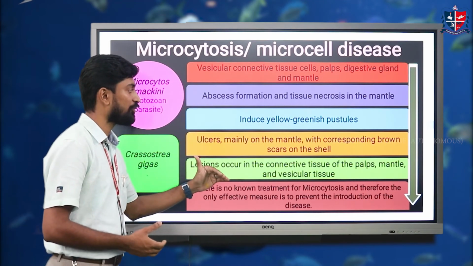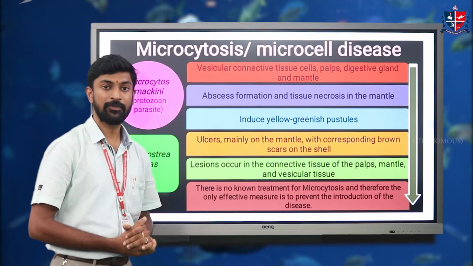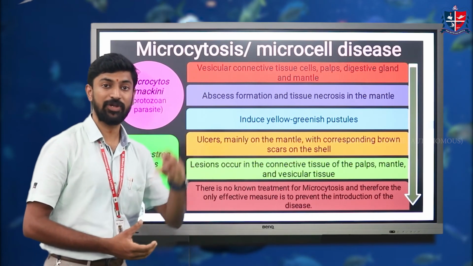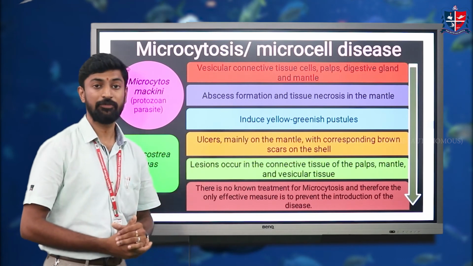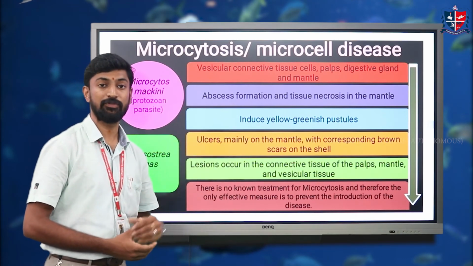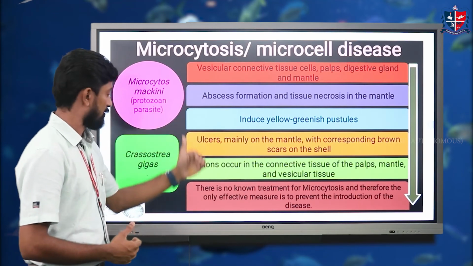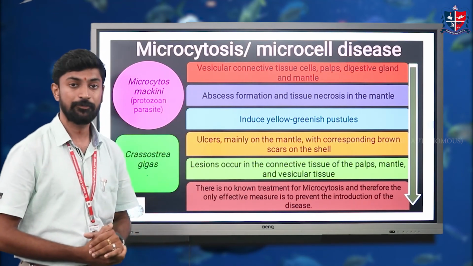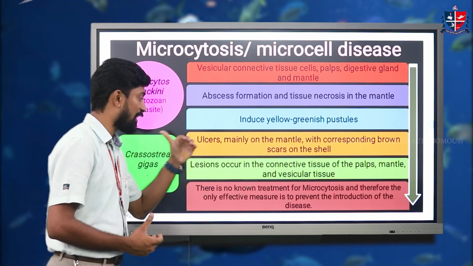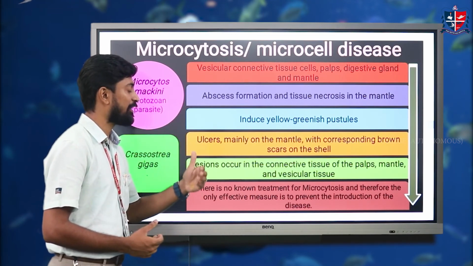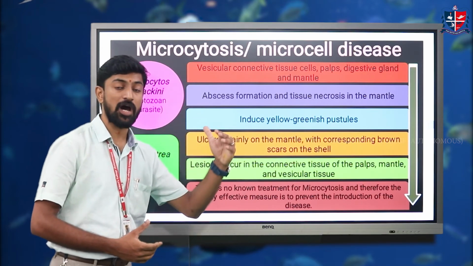Then it induces yellow-greenish pustules, a ball-like or boil-like structure with yellow-greenish color, which we can see in the mantle areas of Crassostrea gigas. Other symptoms are ulcers, mainly on the mantle area with a corresponding brown scar of the shell.